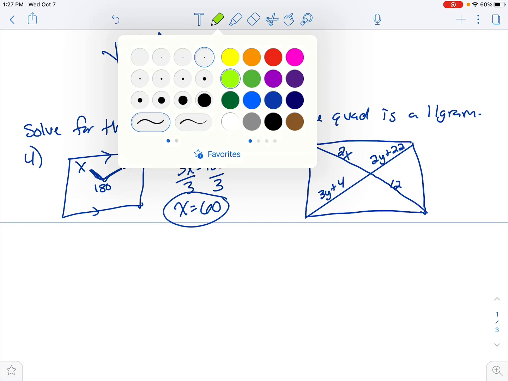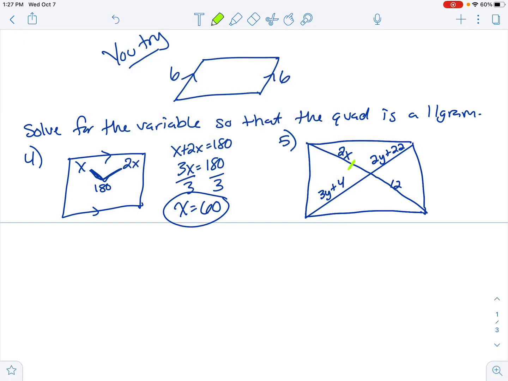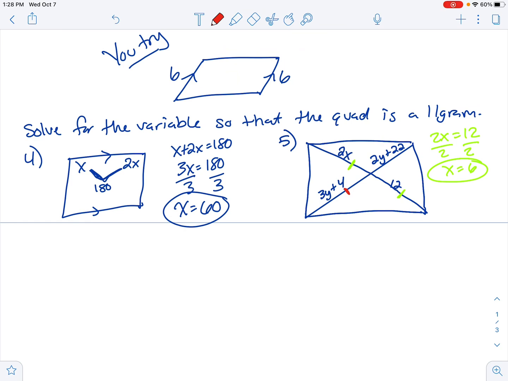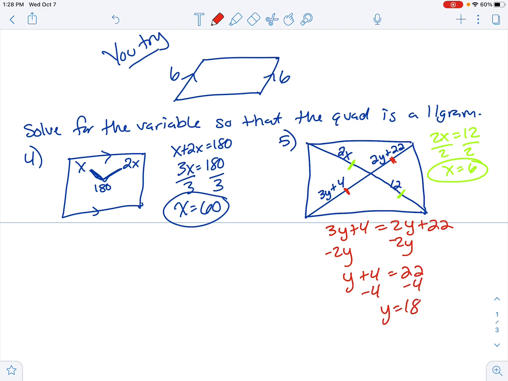We know that the diagonals bisect each other, which means this one should be equal to this one. So we have 2x equals 12. So x is 6. And then we should go the other way, which means this diagonal is also cut in half. So we have 3y plus 4 equals 2y plus 22. I'm going to get my y's on one side, so I'm subtracting 2y. And then I'm going to subtract 4, so y comes out to be 18.